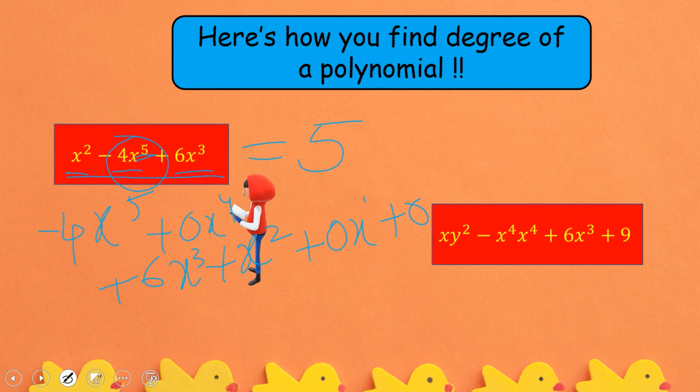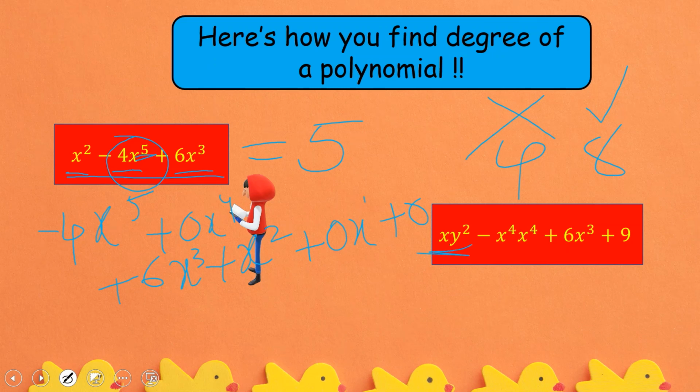In a similar fashion, now look at the second expression. Few people get confused whether the degree here is 4 or 8. If you consider the degree as 4, then you are wrong, and if you consider the degree as 8, then you are right. How?